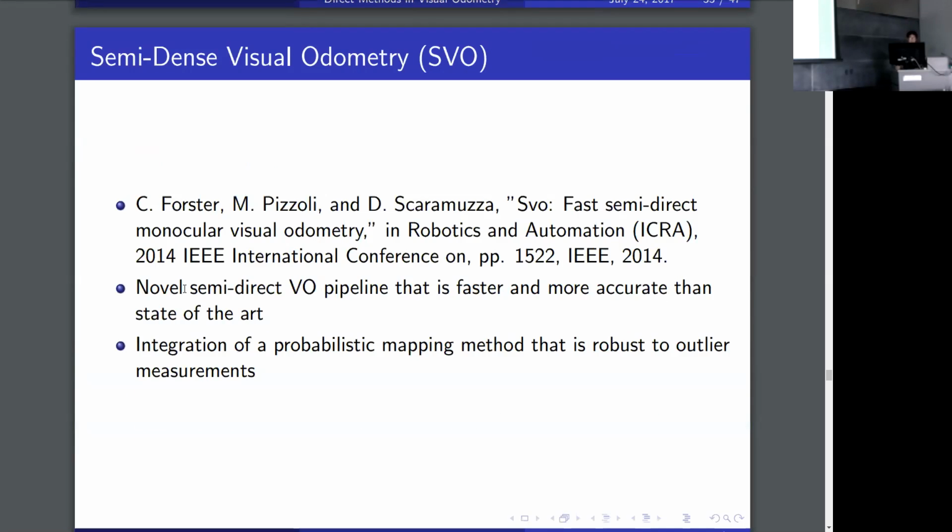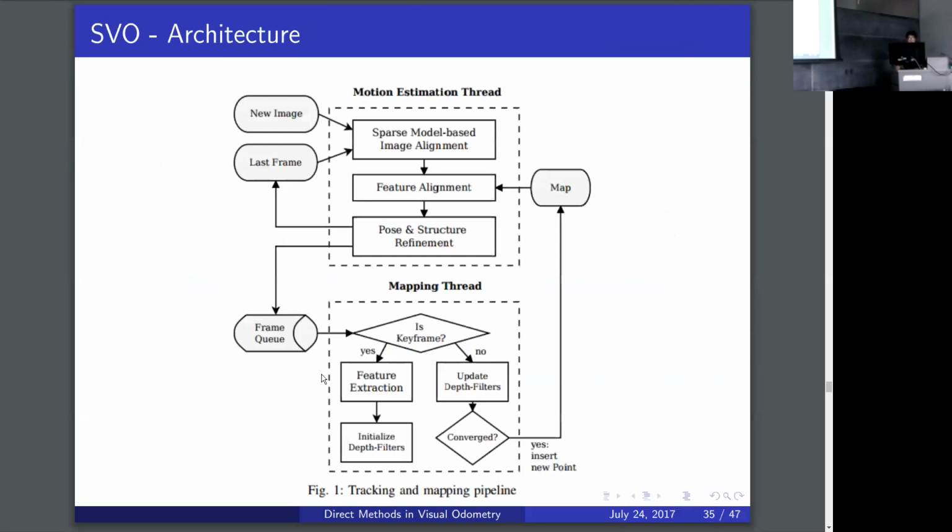It's basically trying to demonstrate a novel semi-direct pipeline, trying to say that you can use semi-dense methods really fast on a mobile processor platform to achieve visual odometry. And the second thing is they try to contribute towards probabilistic mapping, which is supposedly robust to outlier measurements.